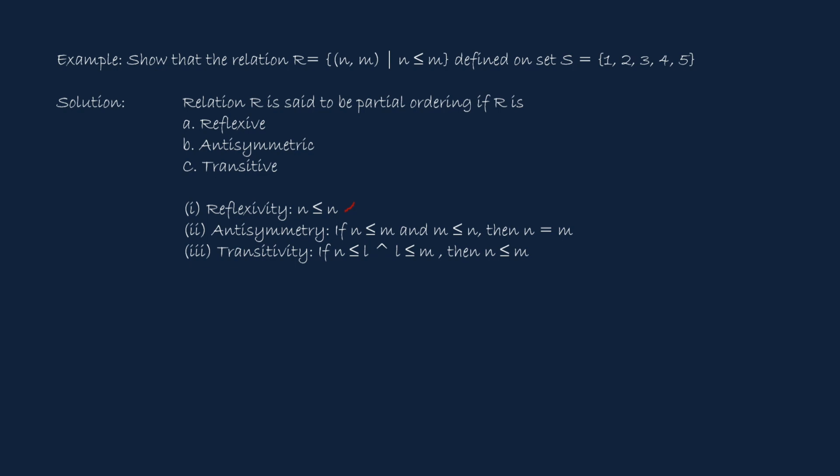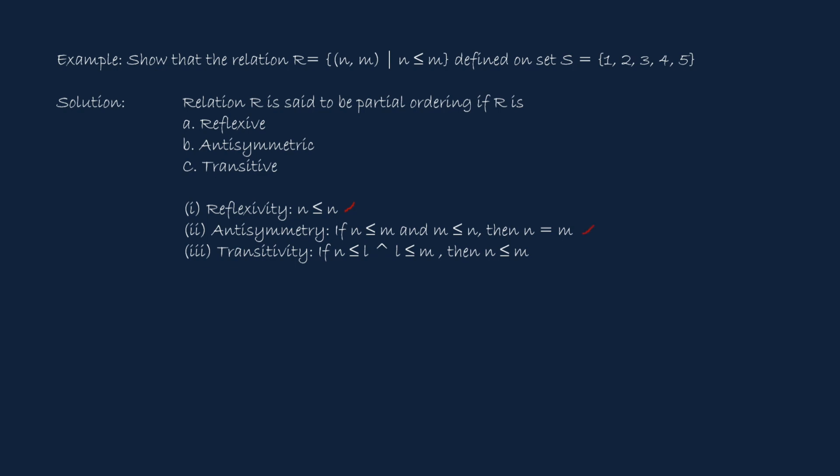And the antisymmetry, the relation n, m. We can also say that it is true because if n is less than or equal to m and m is less than or equal to n, then n is equal to m.